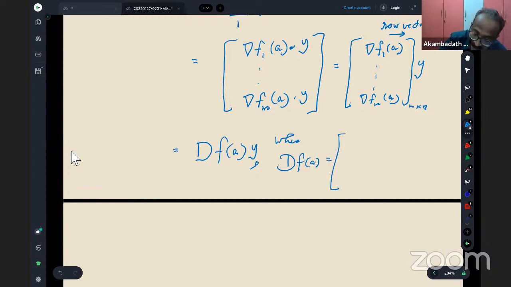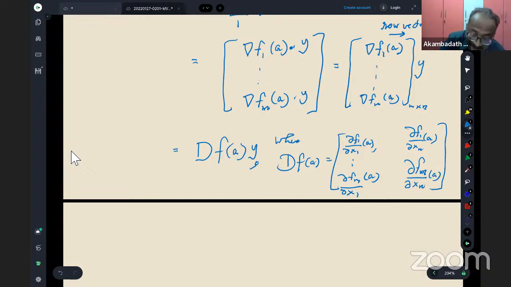What is grad f1? df1 by dx1 at A, the partial derivative, and then you will have df1 by dxn at A. Like that, here you have dfm by dx1 at A, and then here you have dfm by dxn at A. Okay.